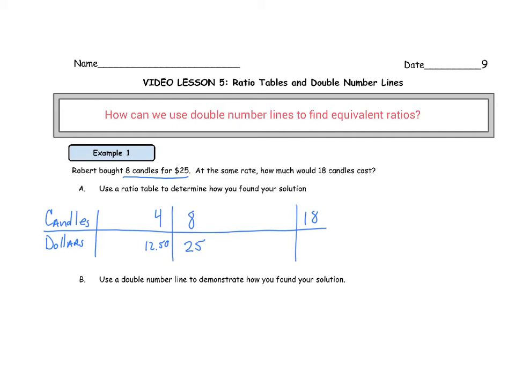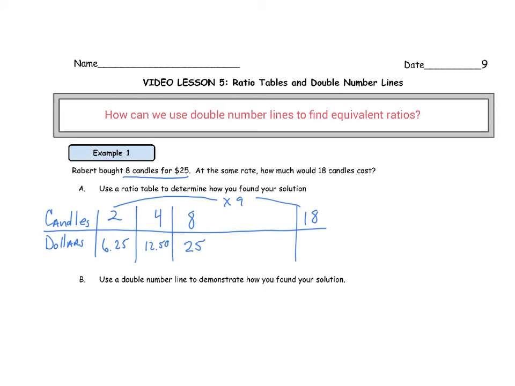So what we can do is continue this pattern of simplifying. If I do 4 divided by 2, I'll end up getting 2 candles. Whatever I do to the top, I have to do to the bottom. 12.5 divided by 2 is $6.25. Now we have a ratio that we can work with. I see that 9 times a factor of 2 is 18.